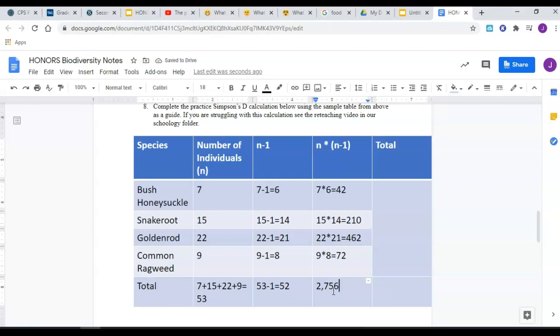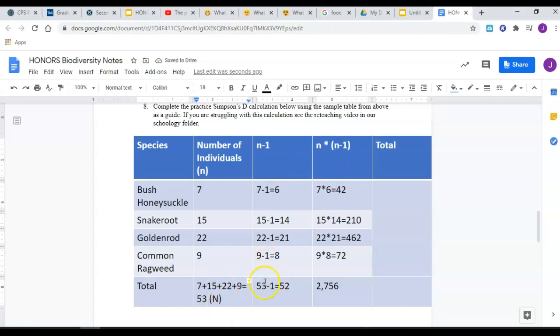I will say that this row right here is where people make their most common mistake. And that is they accidentally add this number here and this number here, and then they get themselves lost. So you have to be really careful that you're running this in. This is actually your capital N. You're running this in through the same equation that you ran the others through.